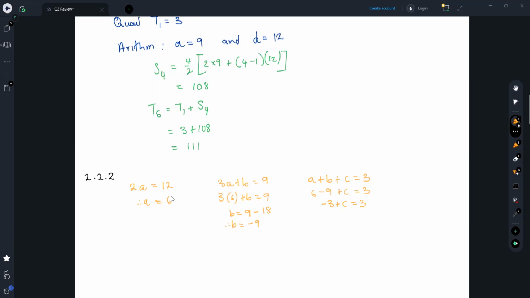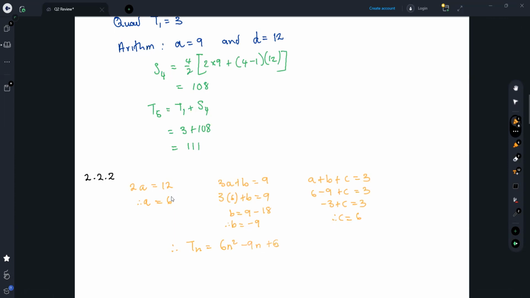So when you transpose this negative 3 to the other side, this should give us a 6, like that. So therefore, the equation that we're going to have would be 6n squared, not plus, it should be negative, so minus 9n plus 6.